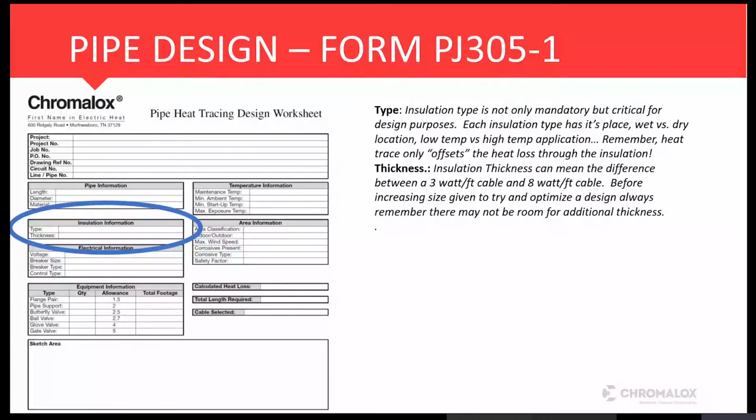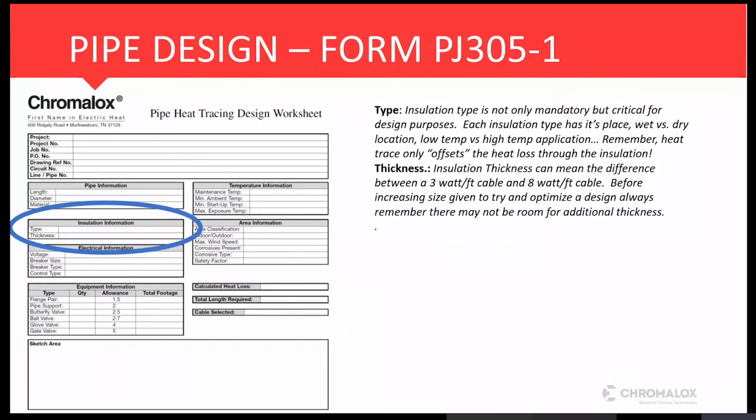Insulation thickness, we can assume a thickness, we can optimize a thickness, but just keep in mind, insulation thickness can mean the difference between a 3-watt cable and an 8-watt cable.